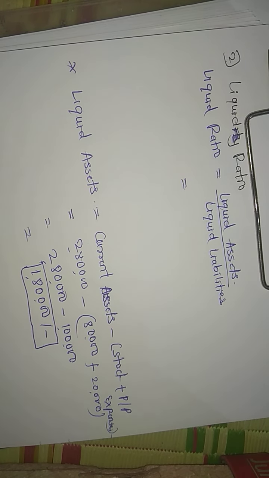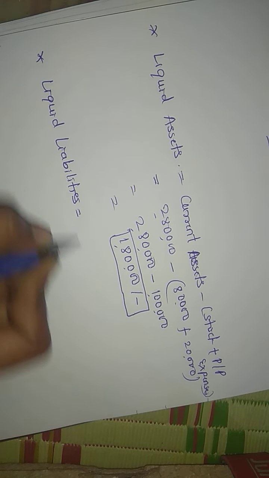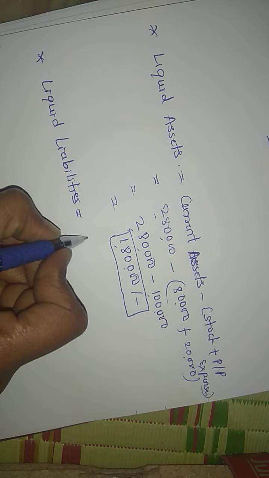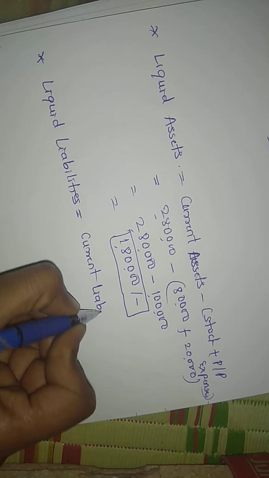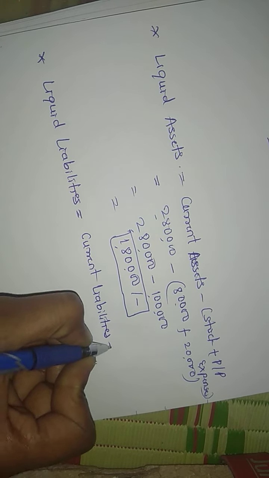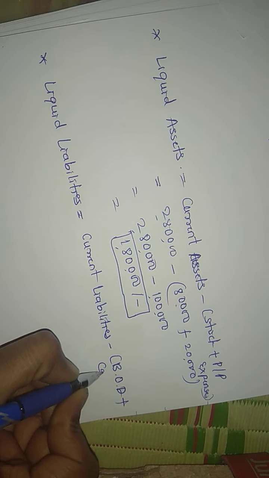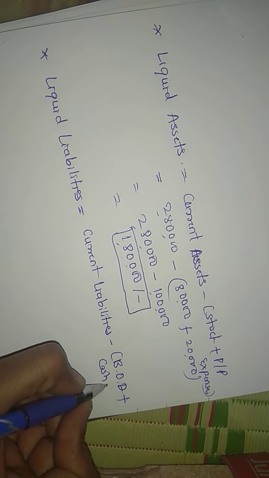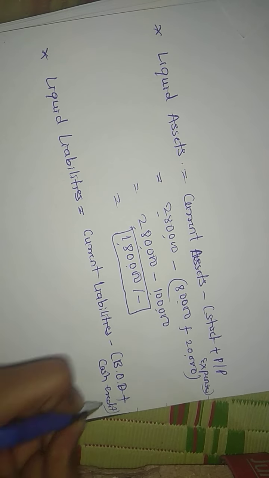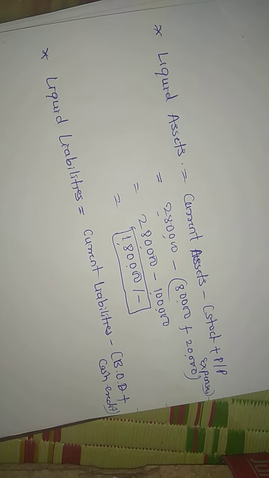Then the second item, that is liquid liabilities. Liquid liabilities equal to, the formula is current liabilities minus bank overdraft plus cash credit. If we deduct these two items from the current liabilities, we get liquid liabilities.